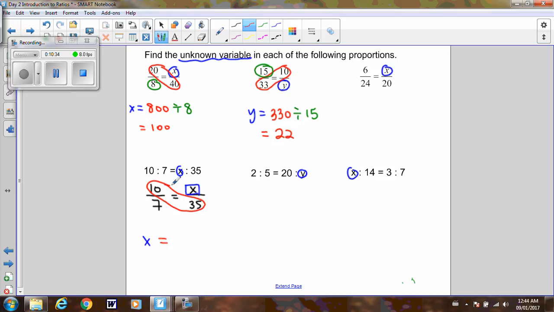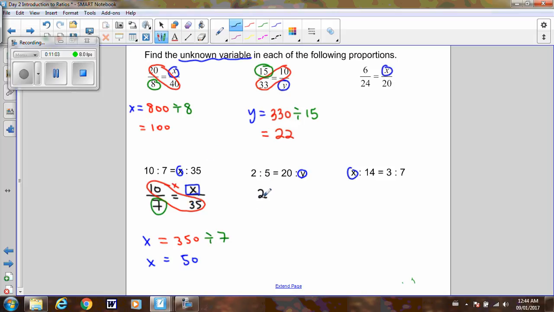Write down the answer when you multiply them. So that would be 350, and then divided by the other number that's left over, which is 7. Okay, and I think the answer here is, sorry, it's going to be 50, I believe. Okay, so just be very careful that when you're doing a ratio like this, write it as a fraction first.